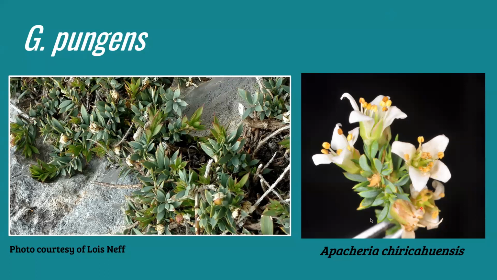And Apachuria does the same thing. They have terminal flowers too. And I also think that the leaves look almost very thick and succulent to me. And they're very mucronate, but the one in pungens is very elongated. But the leaves to me look kind of similar too.